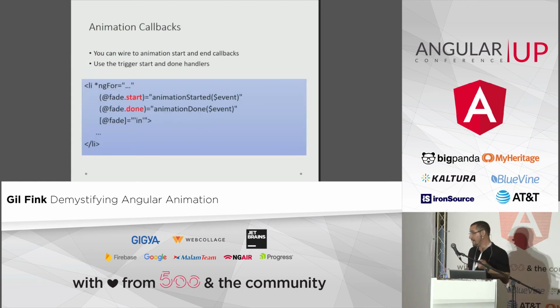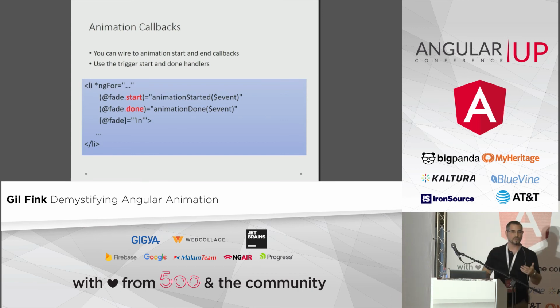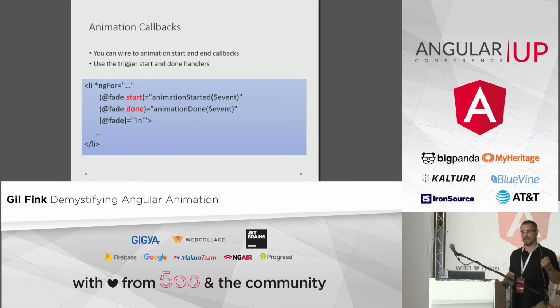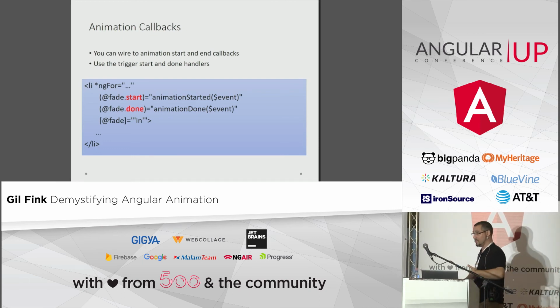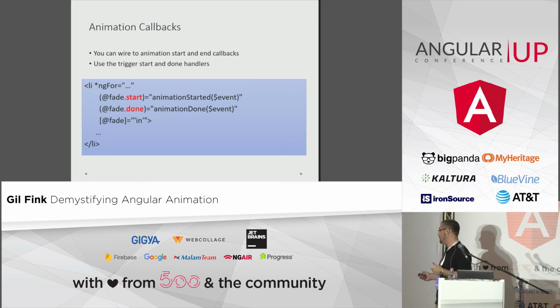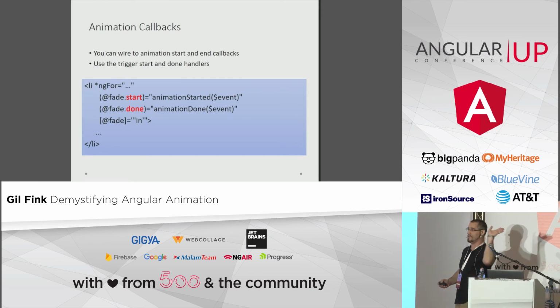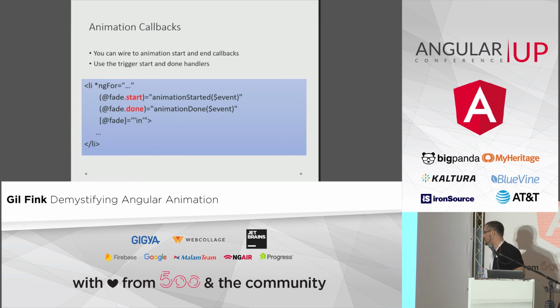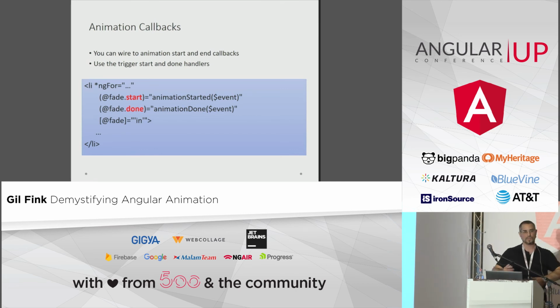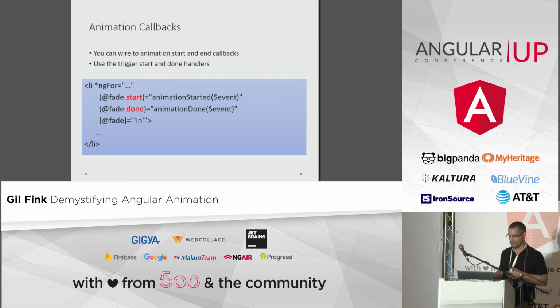You have event handlers like start and done that you can register and use later on with the animations to do something. For example, if the animation started, change some element in another place in the application, or if the animation is done, then I want to start a new animation, and etc., etc.